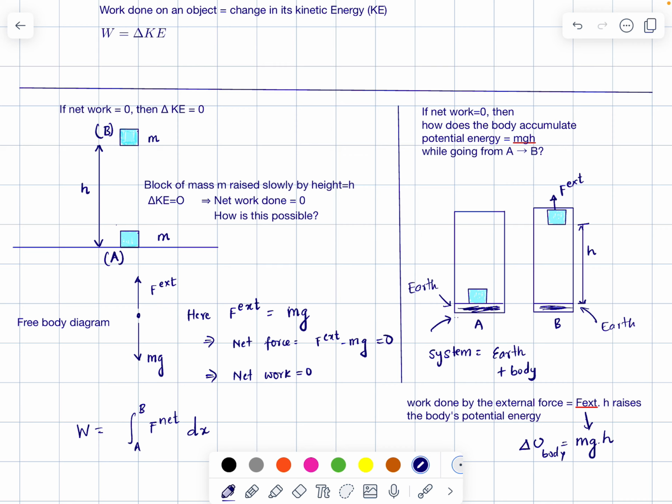So it is useful to understand how to define a system in order to obtain the work done by an external force, and how that results in changing the body's potential energy. It is also necessary to better understand how the work done on an object results in the change in its kinetic energy.